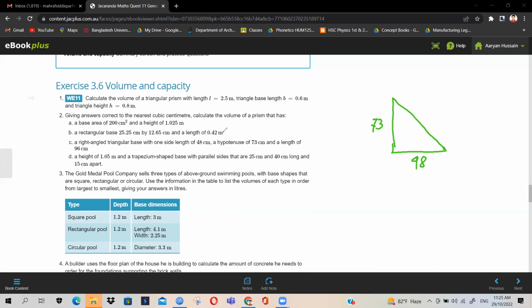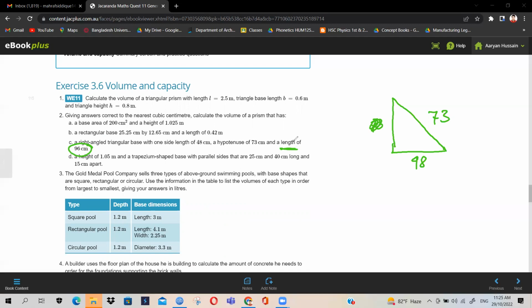Hypotenuse is 73. Right angle triangular base with one side length of 48 centimeters. How can the length be greater than the hypotenuse? Wait a second.